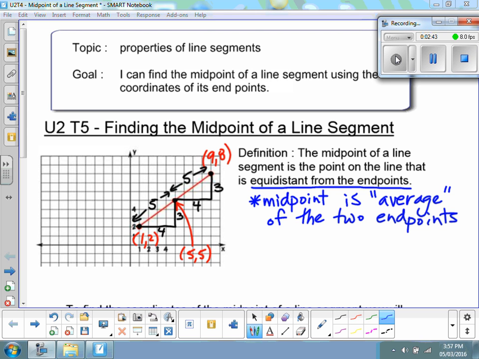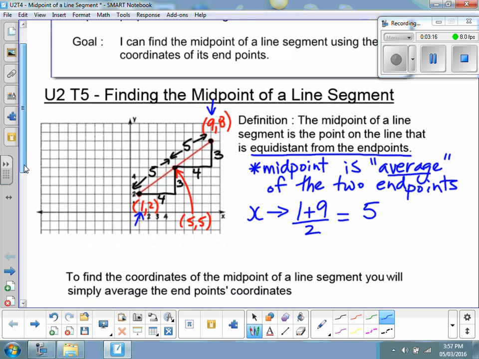So let's take a look at the x values of the endpoints. The x value for the left endpoint is 1. The x value for the right endpoint is 9. So if I'm going to find the average, I would add the 1 and the 9 together and then divide by 2. So I add 1 and 9, I get 10. 10 divided by 2 is equal to 5.